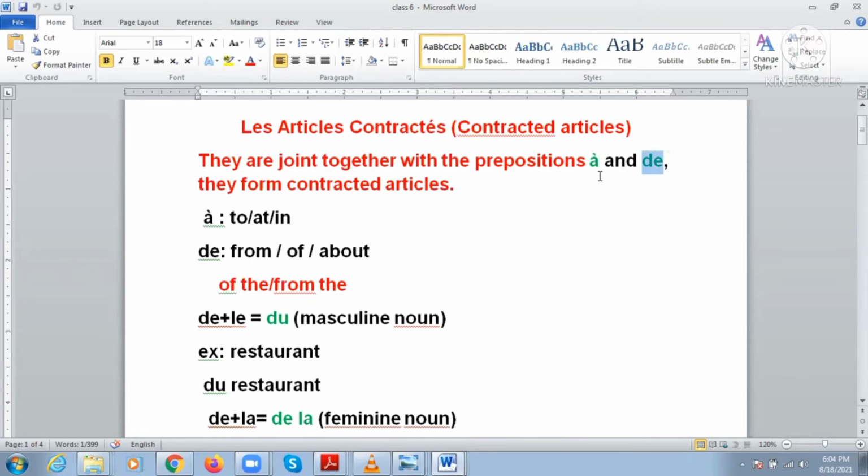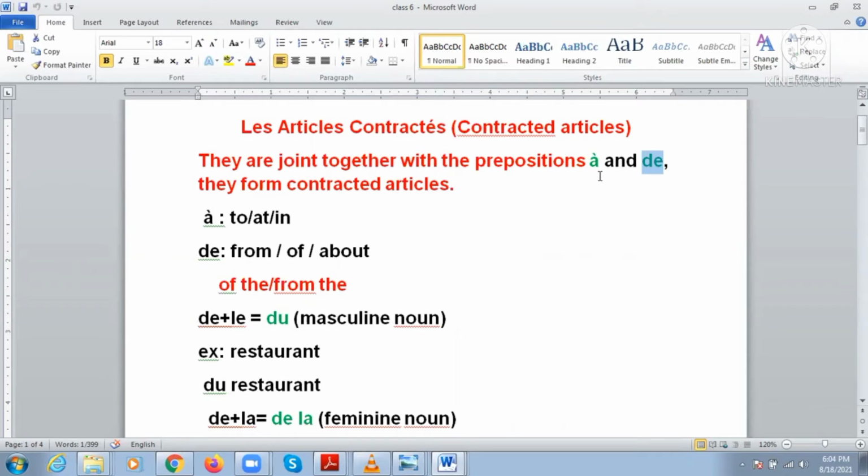À means to, at, in. It has three meanings, can be used for either of the purposes. To, at, in. De means of or from. Okay, so basically, we use contracted articles when we want to say of the, from the, about the, or to the, at the, in the.